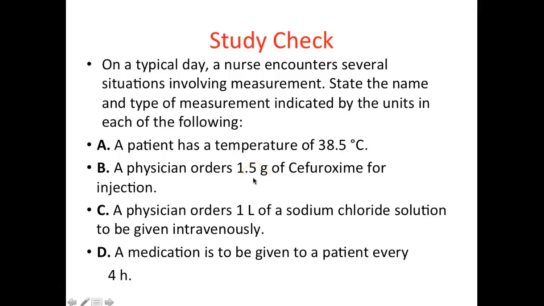A physician orders 1.5 grams of cefuroxime for injection. So this is a mass measurement. The unit is grams. A physician orders 1 liter of sodium chloride to be given intravenously. And so this is a volume measurement in liters. A medication is to be given to a patient every 4 hours. A time measurement. The unit is hour.